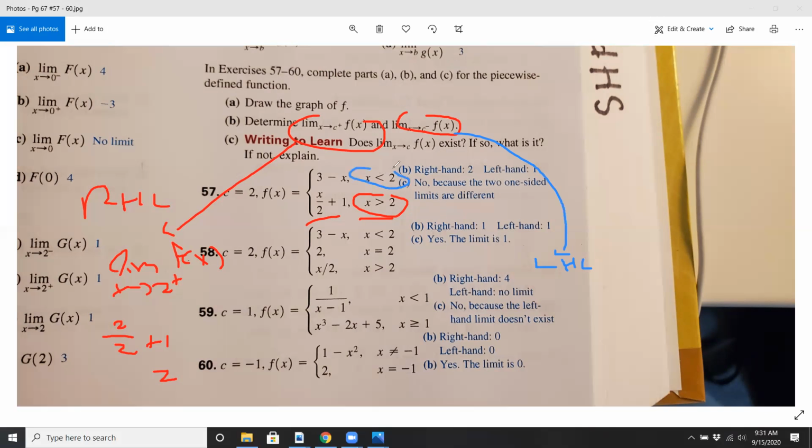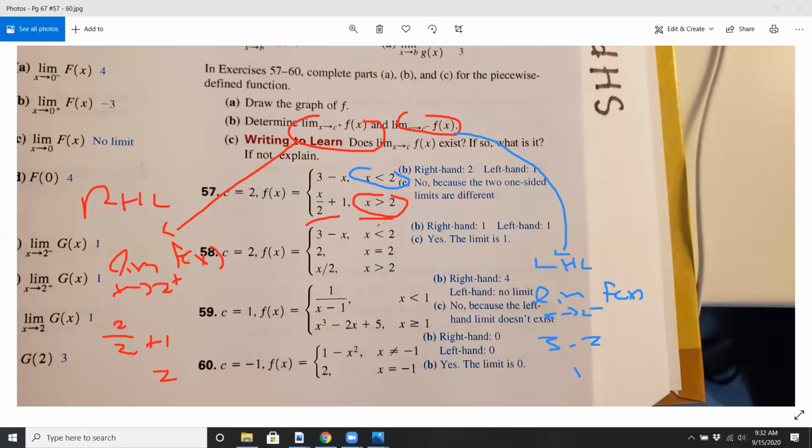So x is a little bit smaller than 2, like maybe 1.9, 1.9999. So you take the limit as x approaches 2 from the left of f of x. So I'm plugging in 2 into 3 minus x. Well, 3 minus 2, of course, is 1. Because these are two different one-sided limits, the limit does not exist as x approaches c, or in this case, as x approaches 2. And that's all you're doing for each of these choices here.